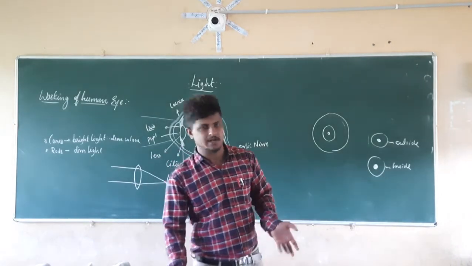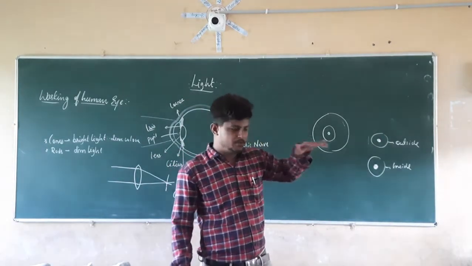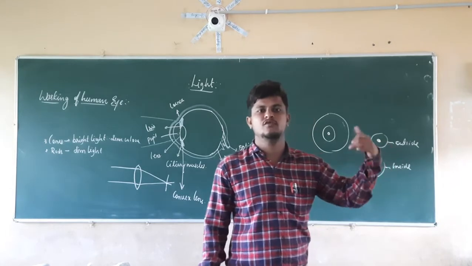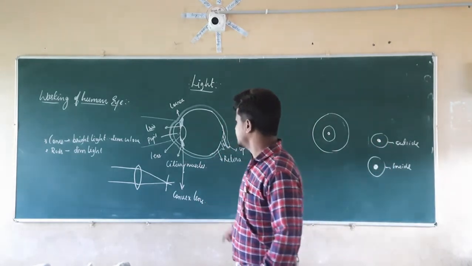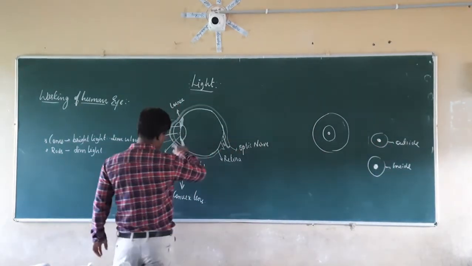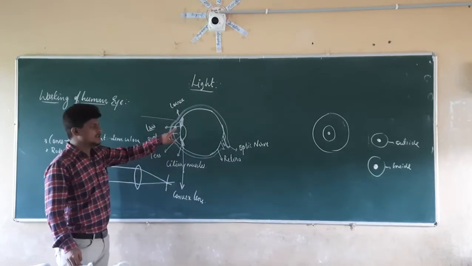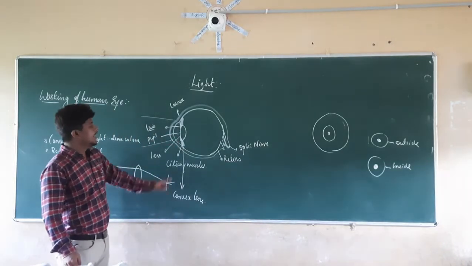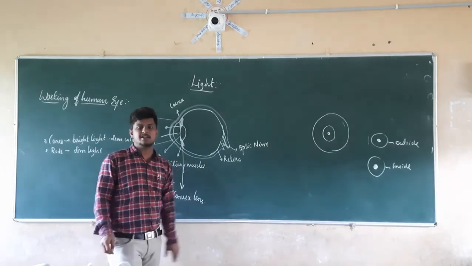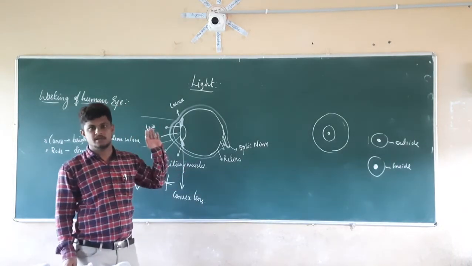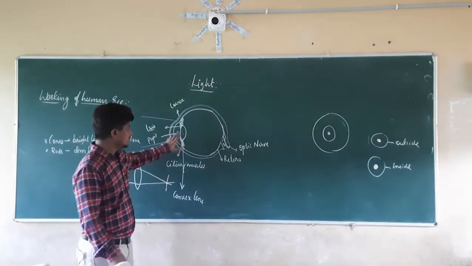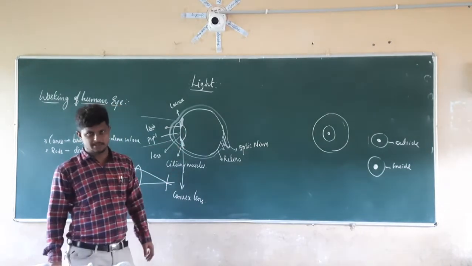Whatever light ray comes here should pass through that, and only then is it going to form an image. So what is the major function of the convex lens here? It converges the light ray which is coming from the outside. That is the major function of this lens.